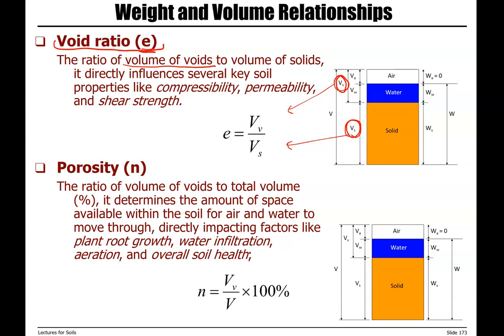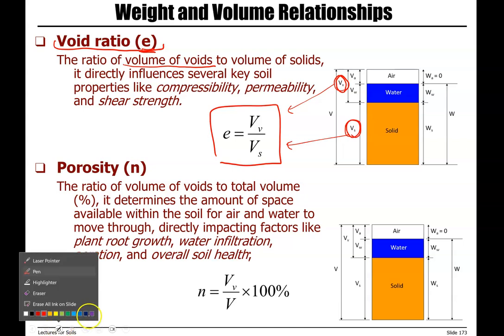It's a good representation for permeability, also compressibility and shear strength. Higher void means higher permeability, but it can have a negative effect on the strength. So void ratio, e, is equal to volume of void, Vv, divided by volume of solids, Vs.